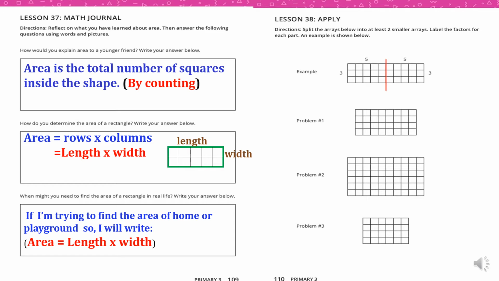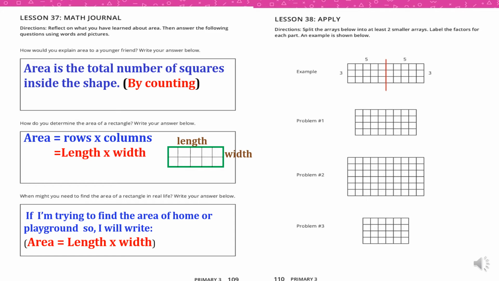Lesson 38, split the arrays below into at least 2 smaller arrays and label the factors for each part. Here, if we have a large array, and I want to find its area easily, I can cut it or split it.